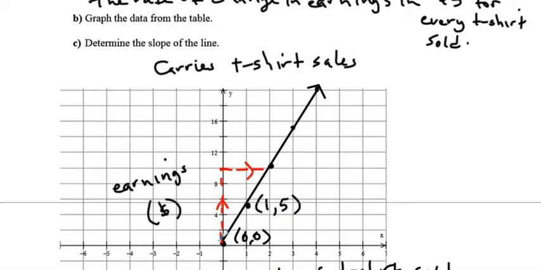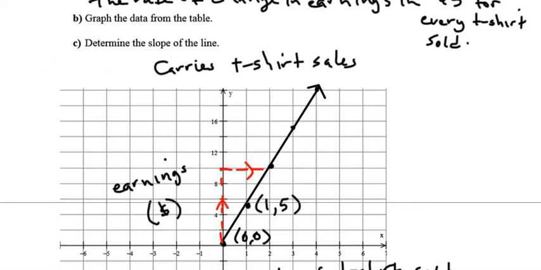Now this is tricky because before we just counted the number of squares, but you can see that each of the squares is worth 2, so we have to skip count this time. 2, 4, 6, 8, 10, so I went up 10, and each of the squares over on the x-axis is worth 1, so I'm just going to count 1, 2. Alright, so that was tricky.